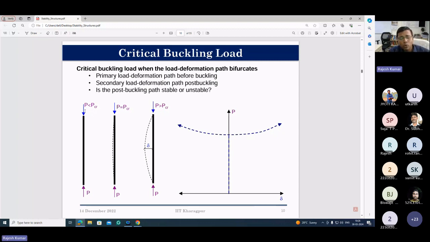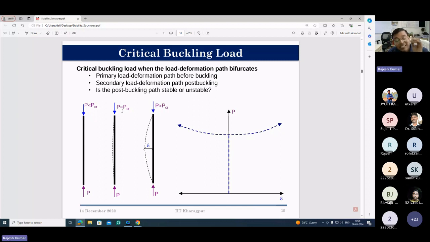If the compressive load in a column is less than the critical load, let us say the critical load is 100 kilonewtons, and you apply 90 kilonewtons, or 99, or even 10 kilonewtons, any load less than 100 kilonewtons, and you give a small perturbation in the lateral direction, what will happen? It will go into a different position, but as soon as you remove the perturbation, it comes back to the original configuration. It means this is a stable configuration.